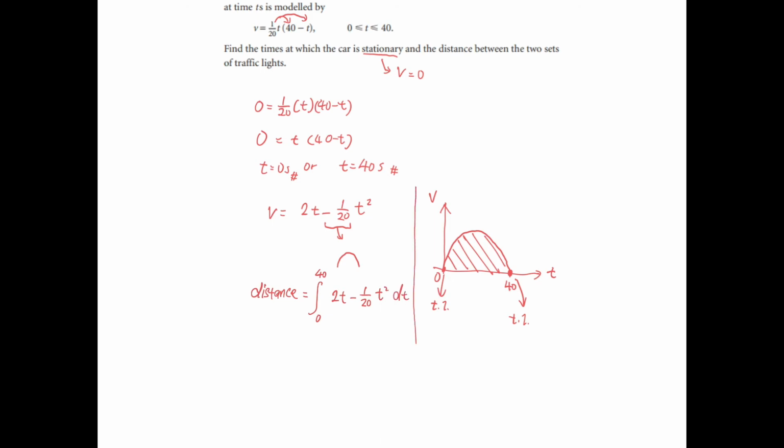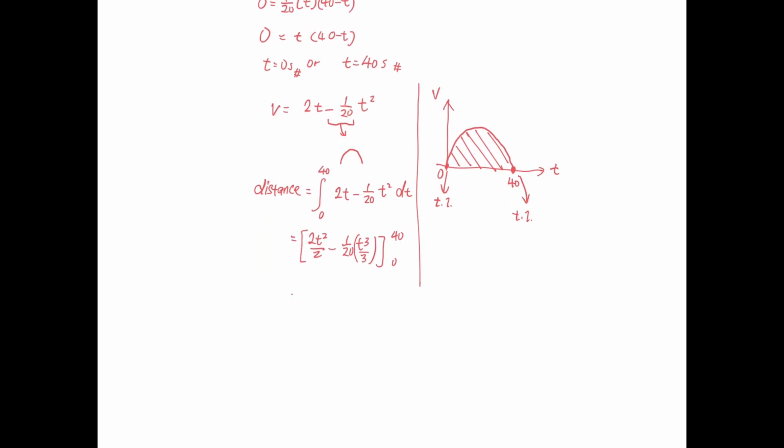Then we do the integration here: 2t squared over 2 minus 1 over 20 t cubed over 3, from t equal to 0 to 40. Simplify it first: t squared minus t cubed over 60, from 0 to 40. And then you substitute the values.